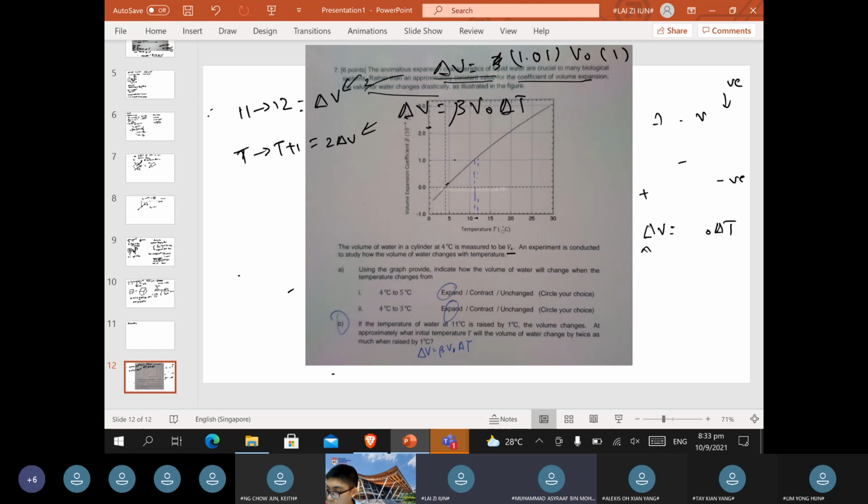This 1. Correct? Then they tell you, what is this temperature? So our 2 delta V will be 2.02 times V naught times 1. Now, this is only true if they tell you that it was also raised by 1 degree C. But if they keep this question exactly as it is, then remove this, change to 2 or another value, then this one correspondingly will also need to change. Am I making sense?